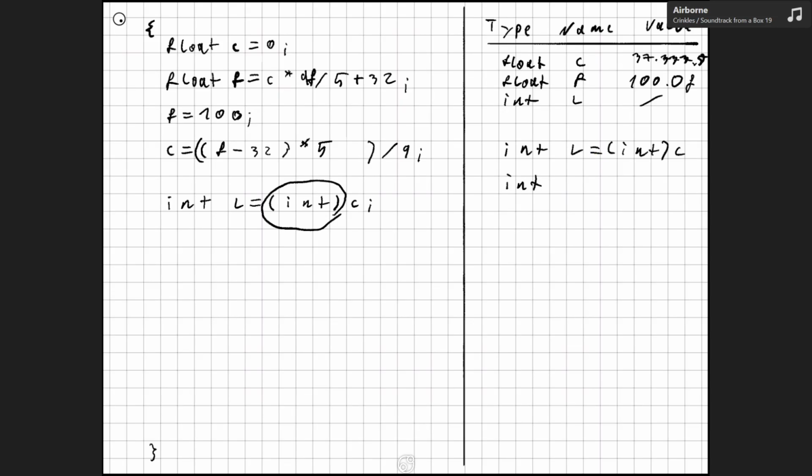It will take the original value, C, which is a float, and it will then convert this value into an integer using some specific rules that depend on the types you cast from and to. You can't cast everything. The computer has to have rules that describe how that happens. Again, floating point numbers and integer numbers work very differently under the hood.